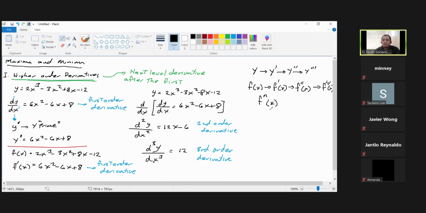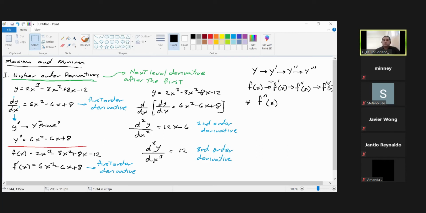It's not cube. So if you say f5 of x, this is not saying that it is the function raised to the fifth power. No. This is the fifth derivative of the function. Clear? Clear, teacher.